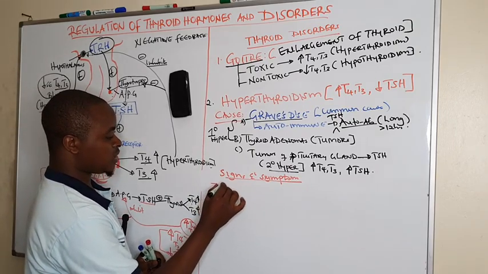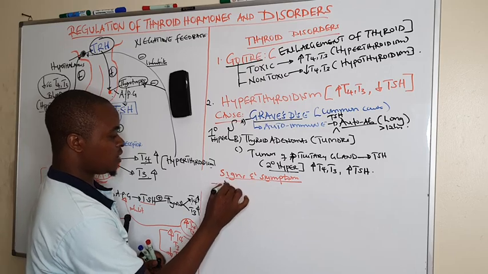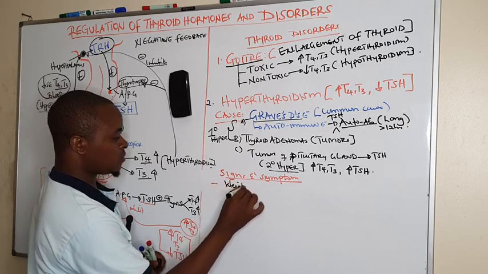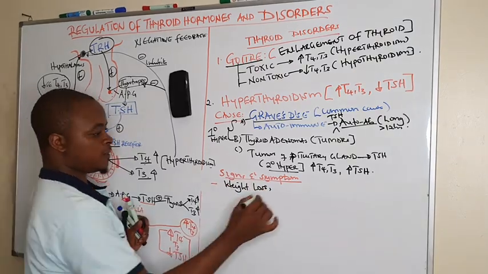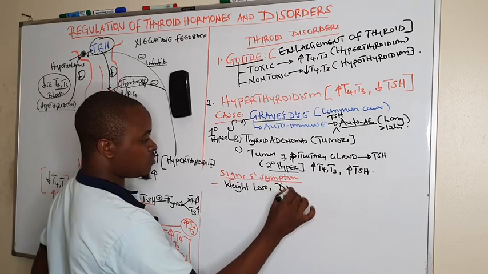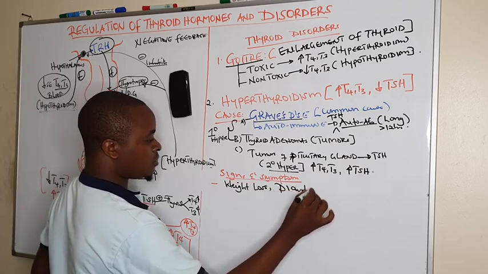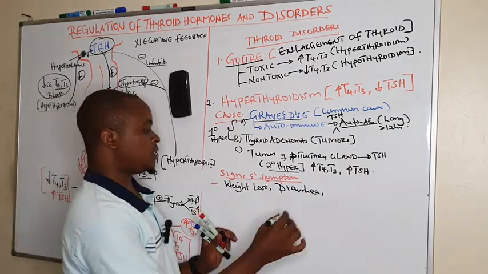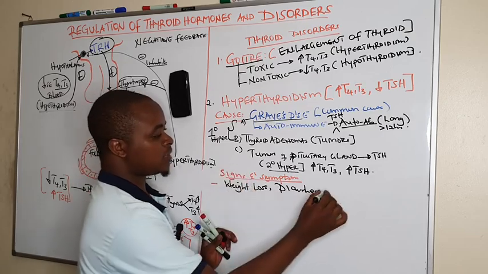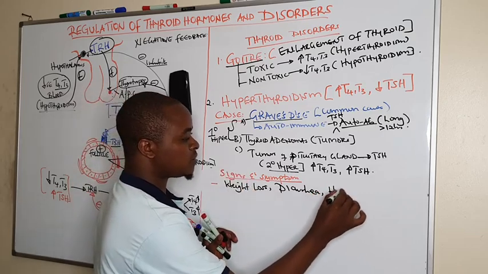One of the signs and symptoms is weight loss. There is weight loss. There is diarrhea due to increased GIT motility. We see diarrhea. We see among the signs and symptoms heat intolerance.